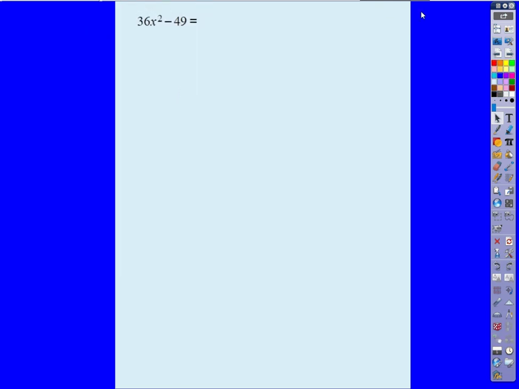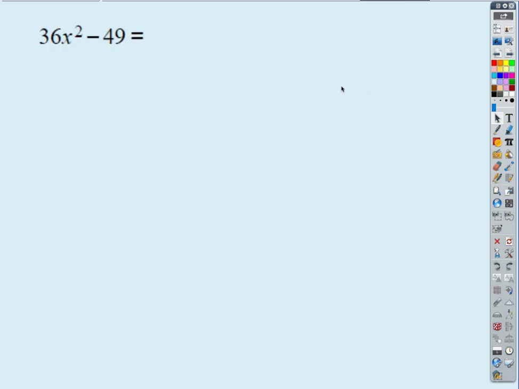Think about it for a moment. This is from the assignment. I just pulled a random problem off of the 4.1 assignment. But take a second and just think about that. We'll go through it in just a moment.